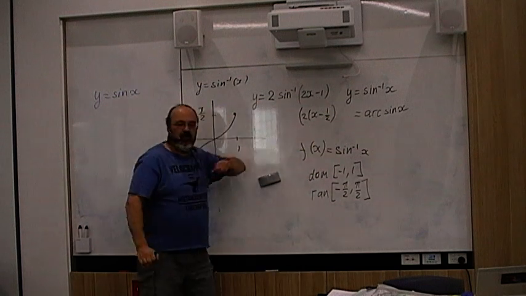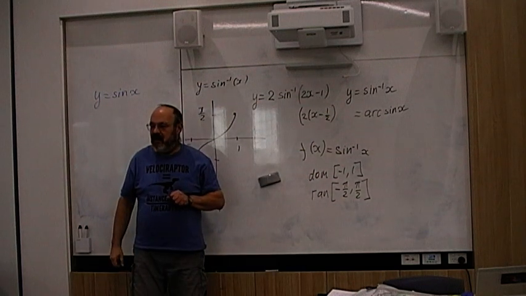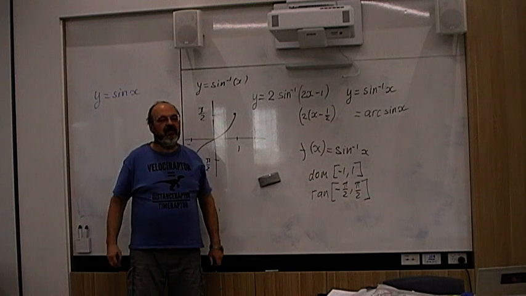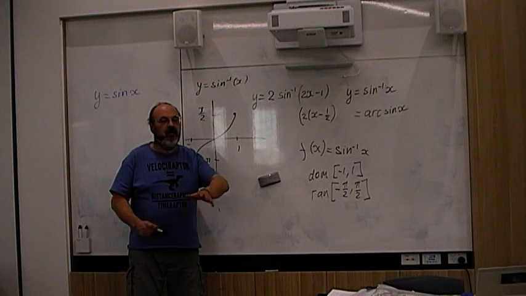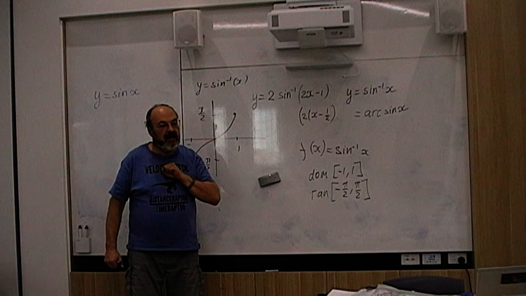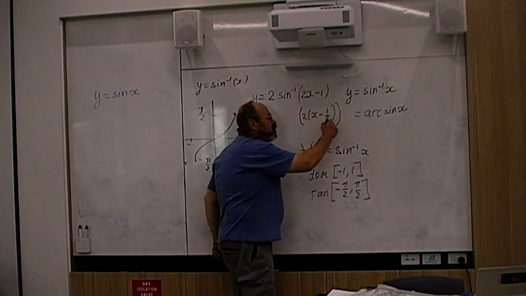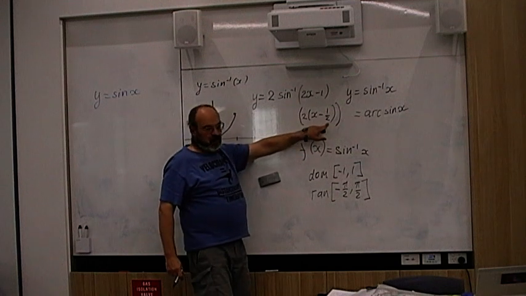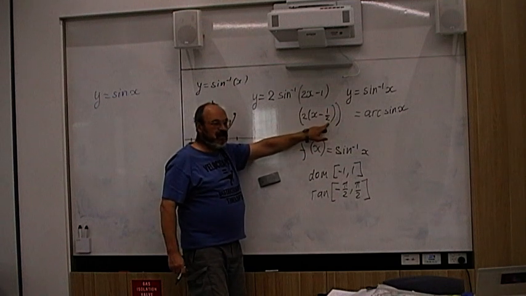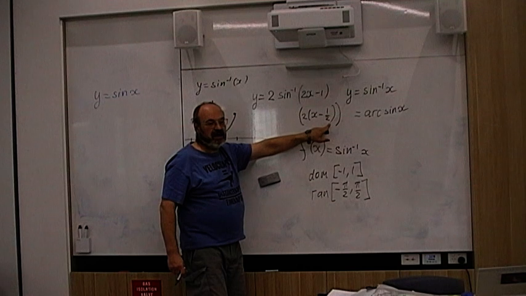Why do we need to do that? Because then you can see the translation. To avoid silly mistakes and see the proper horizontal translation, you need to do that, to see that it's a translation of 1/2 to the right.